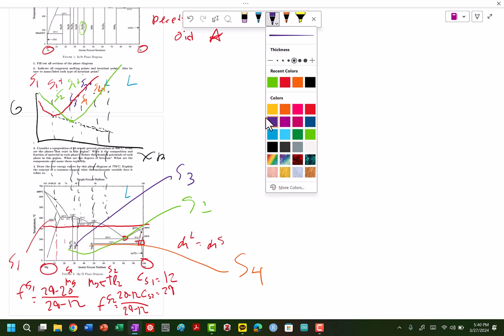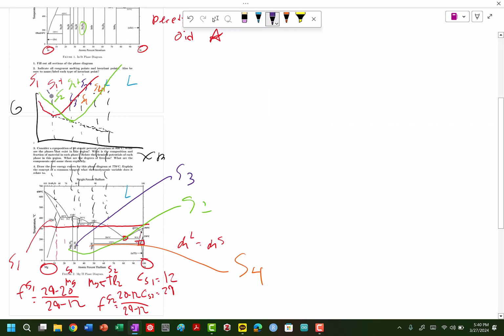My S3, hit it here, touches here, touches the next region, and then it's gone. Then here I touch right here, next region, and then gone. And then liquid finally here, touches over here, and then gone. And there it is. That is our last value.